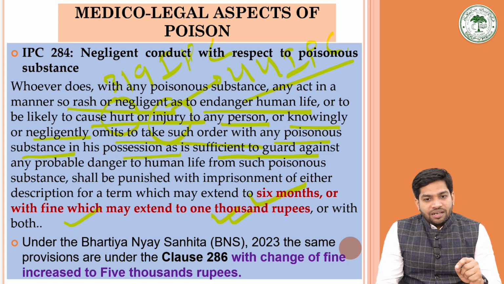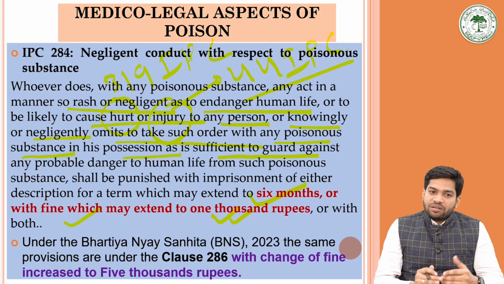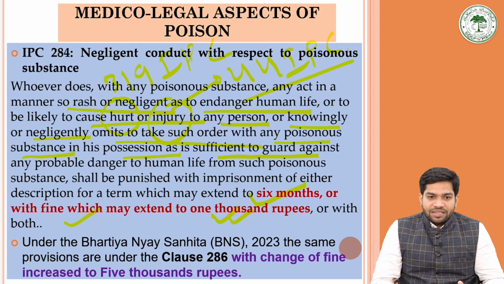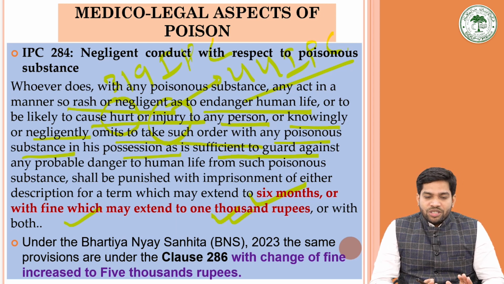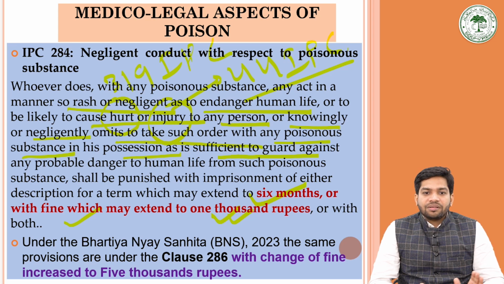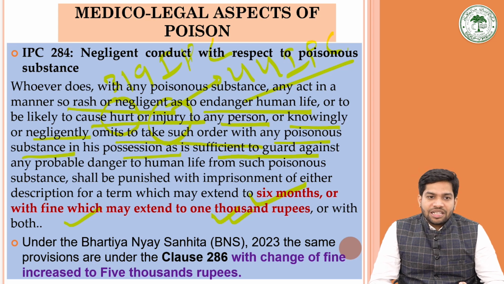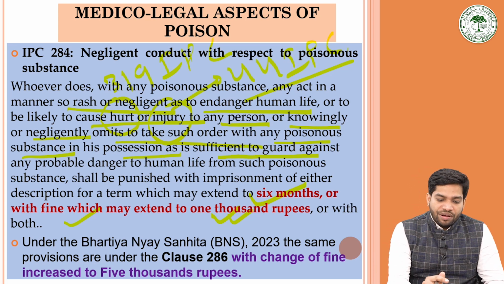Not just the housemaid, any person can be in her place. So, a child is drinking because of negligent handling of that poisonous substance and sustains injuries or it may even be dangerous to life. In that case, that person may be punished under this section of the IPC, that is 284 of IPC.